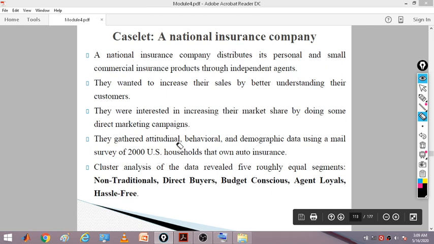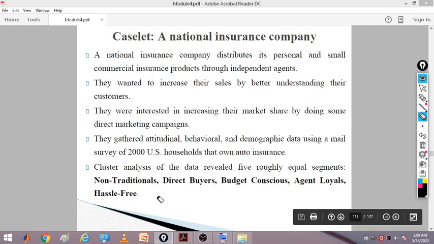They gathered attitudinal, behavioral and demographic data, such as how and where the customers are staying, using a mail survey of 2000 US households that own auto insurance. Cluster analysis of the data revealed 5 roughly equal segments: non-traditional, direct buyers, budget conscious, agent loyals and hassle free.